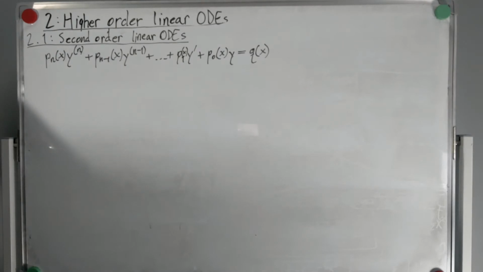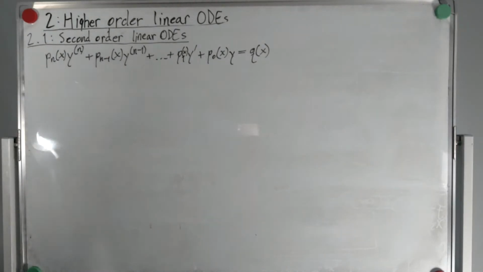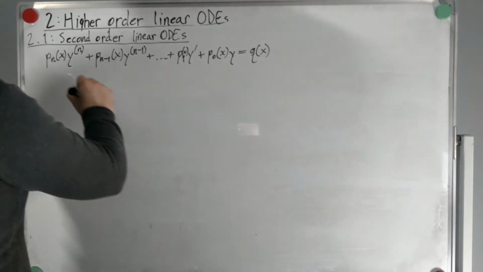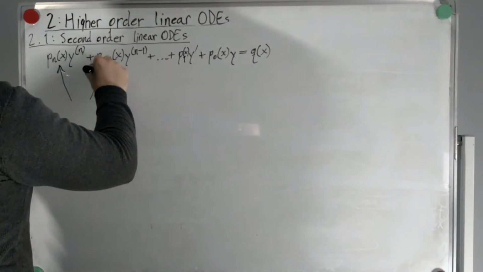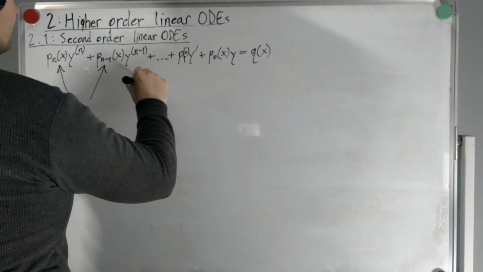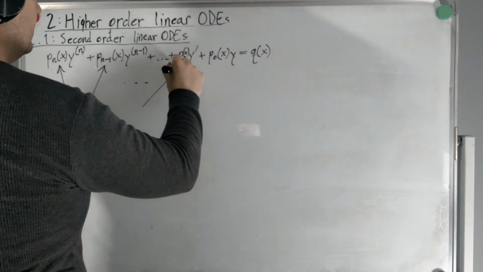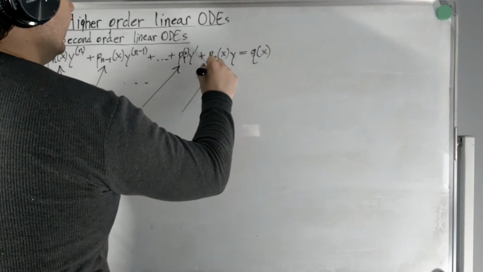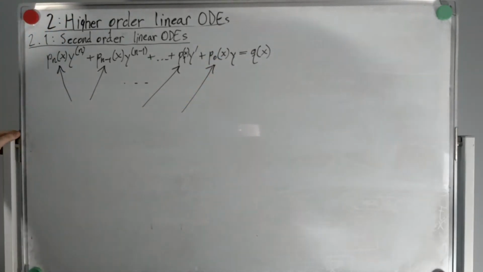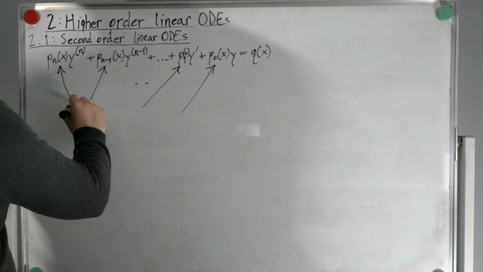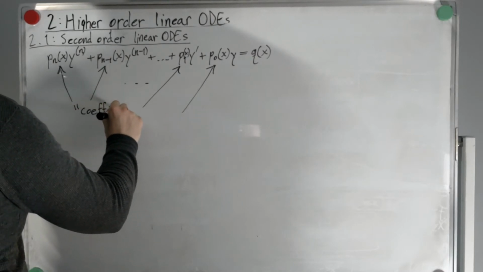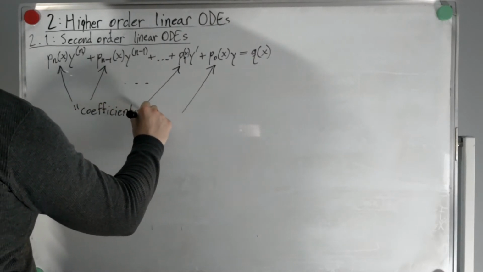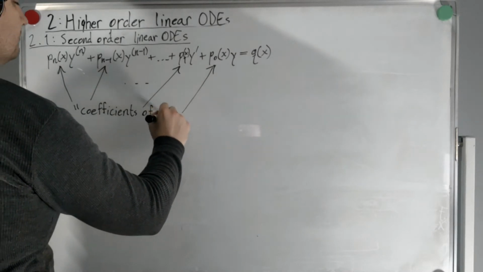Okay, so a couple of things to point out here. First of all, these p's, they have a name. All these functions, p0 through pn, are called coefficients of the ODE.